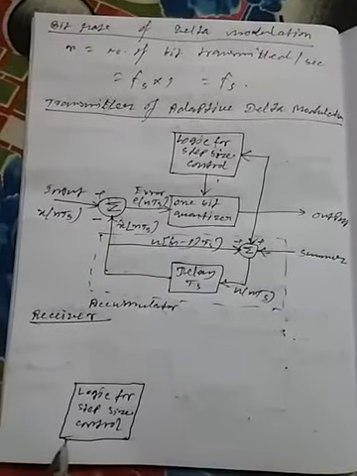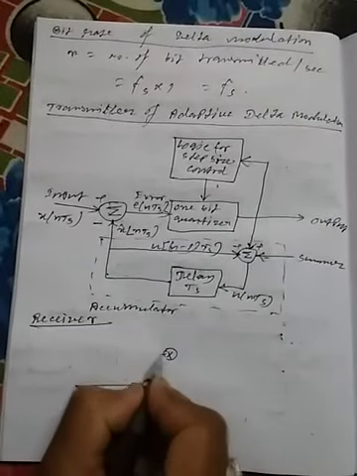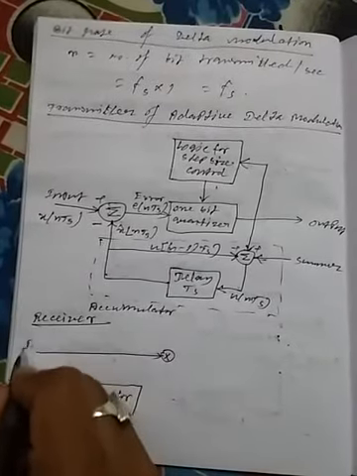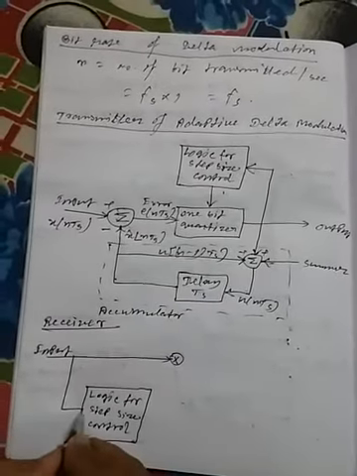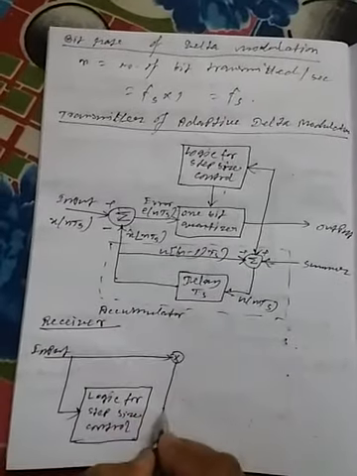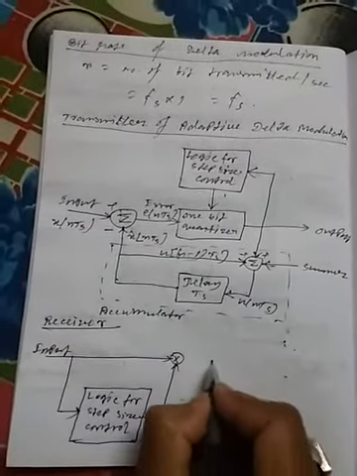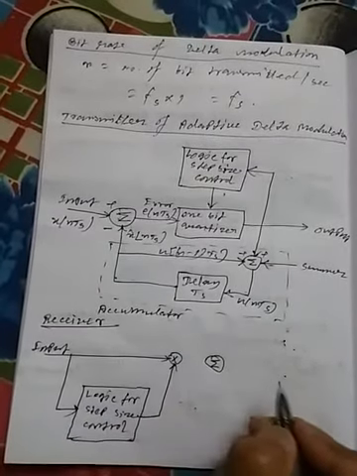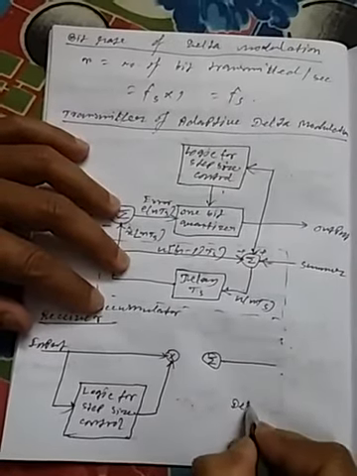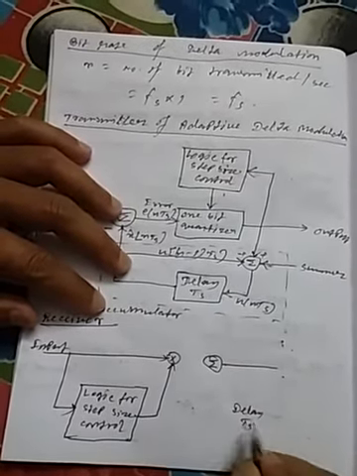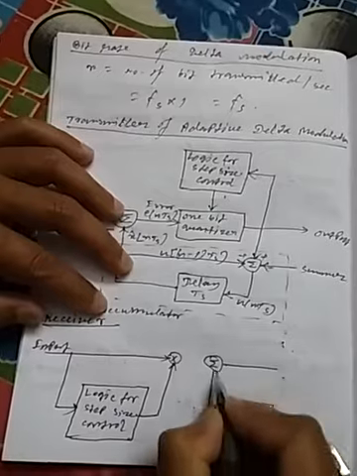Now here is a mixer, here is the input. Here is the delay unit of delay time TS. Here is positive feedback.